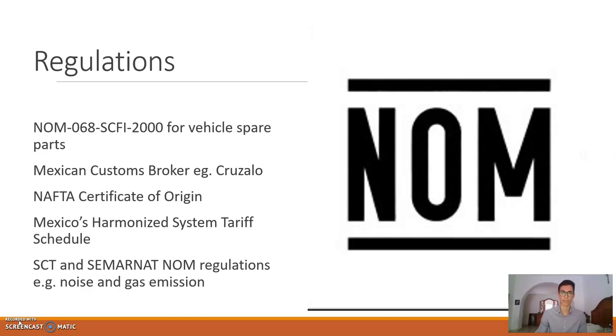Cruzalo is a company that acts as an intermediary between two countries. In this case, the two countries are United States and Mexico. The third one is NAFTA Certificate of Origin. Then Mexico's Harmonized System Tariff Schedule. And finally, the SCT and SEMARNAT non-regulations, like for example, noise and gas emissions.